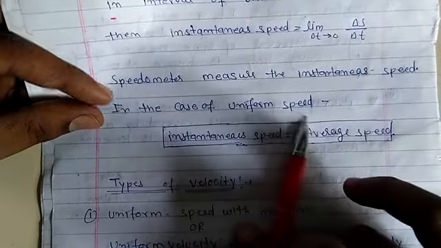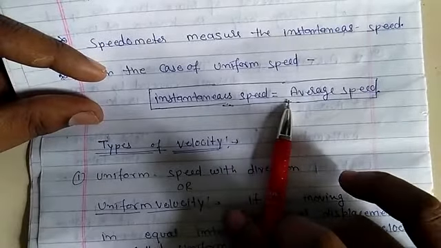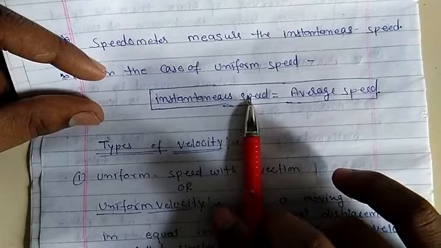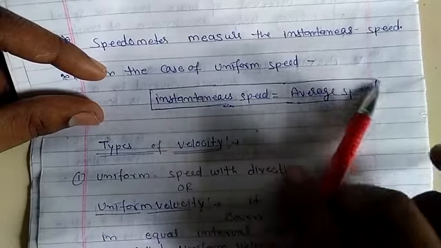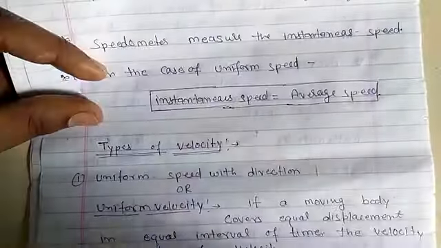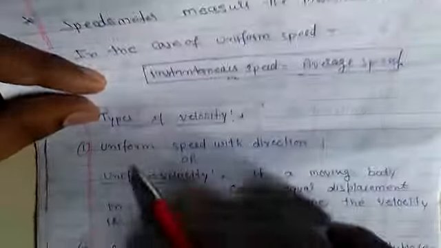In the case of uniform speed, the instantaneous speed is always equal to the average speed, because the instantaneous speed is constant and average speed is total distance upon total time. So instantaneous speed equals average speed.